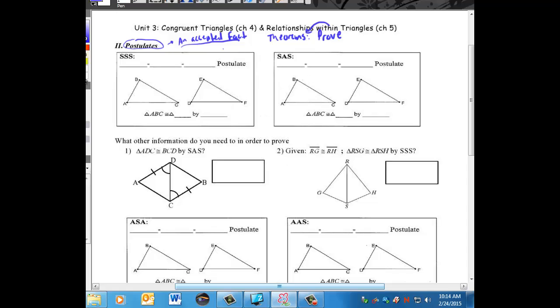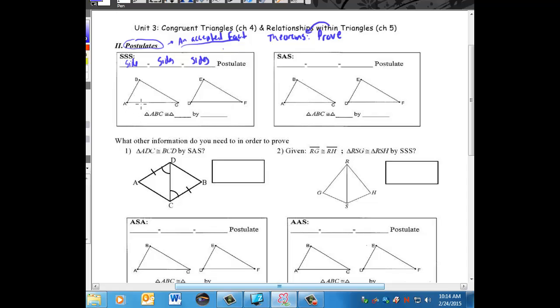On side, side, side, it's easy to see why side, side, side works. If all three sides are each congruent, that means that their angles would also each be congruent. So this one's easy to see. The other ones aren't so easy to see as side, side, side.